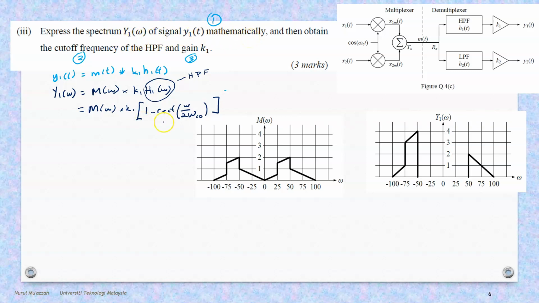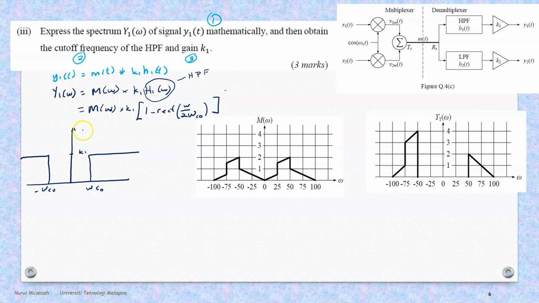Based on this equation, we can draw the high pass filter. It should look something like this. We need to have the cutoff frequencies, negative ω_c0 and ω_c0, and the gain here is K1.